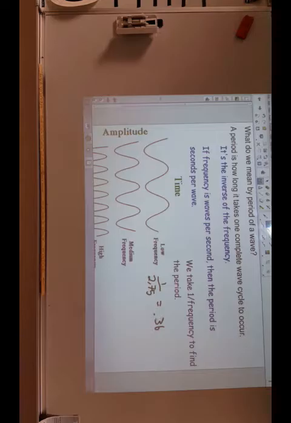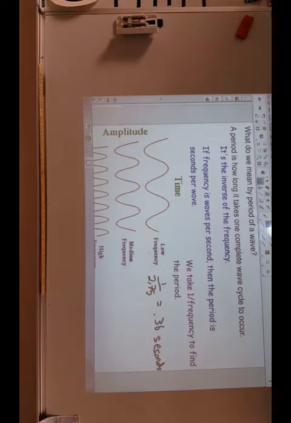On the calculator it says 0.363636. I'm okay with you rounding there. And this would be labeled in seconds. So every 0.36 seconds is one wave, is what a period would mean.